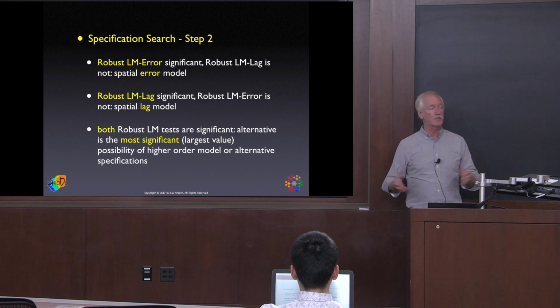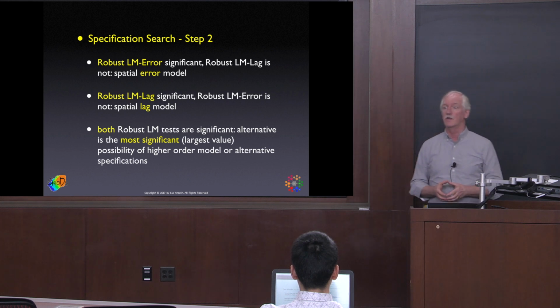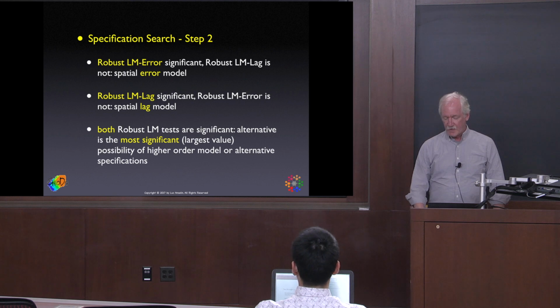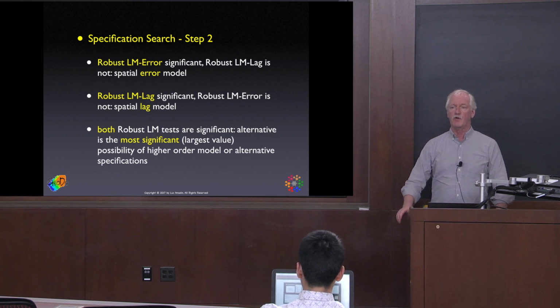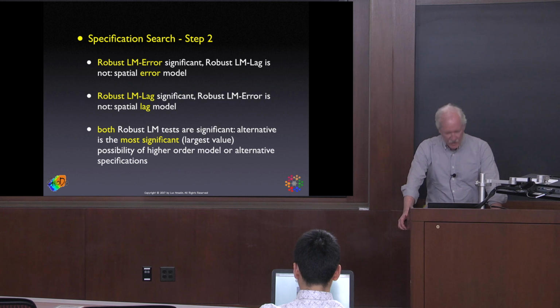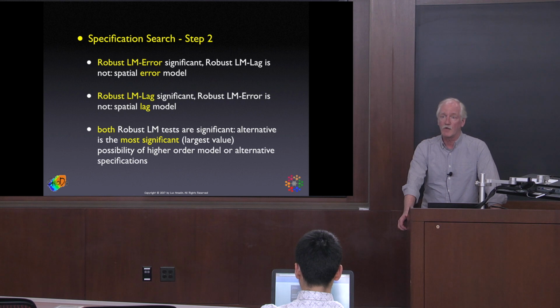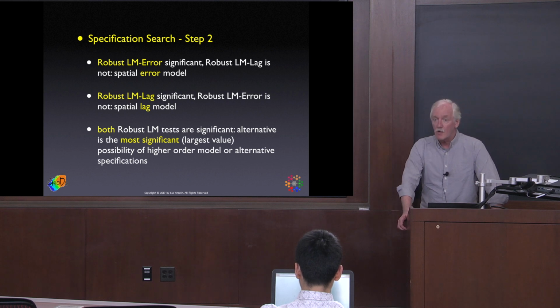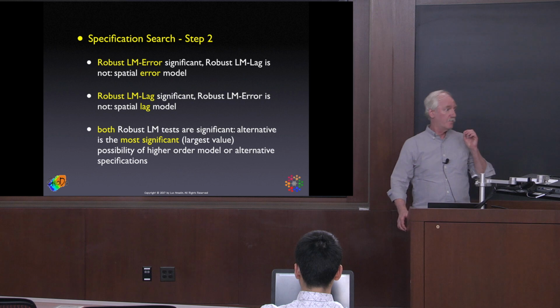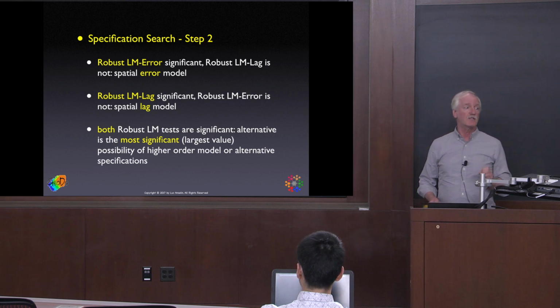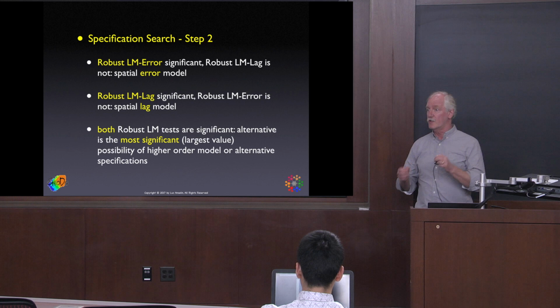And you can compare models on fit or on other criteria, like the meaning, the interpretation of the coefficients, and so on. So as a rule, in that context, an error model is preferred over a lag model, because a lag model implies a substantive spatial interaction, and in many theoretical contexts, there isn't really a good reason to come up with a substantive interaction hypothesis. Of course, there are contexts where the focus is on the interaction, and then, of course, a lag model is what you want to find.